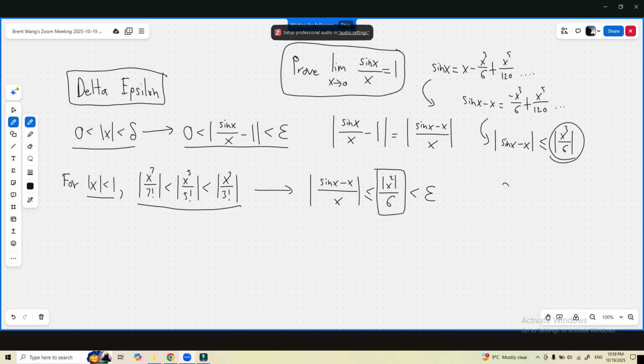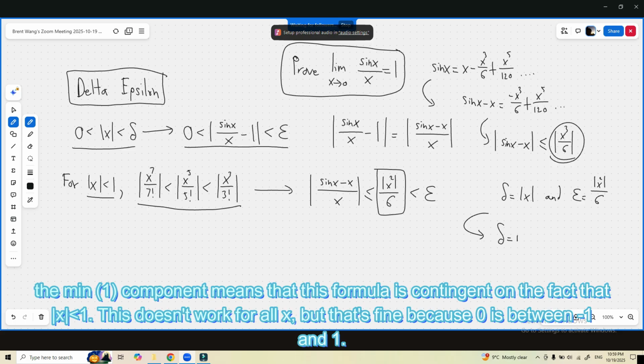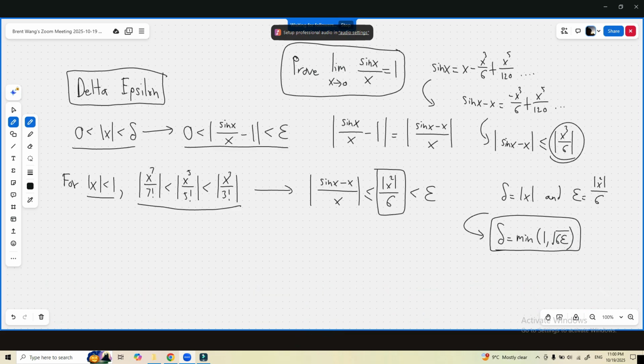So if we took delta to equal absolute x and epsilon to be x squared over 6, then our formula is delta is equal to min of 1 and the square root of 6 epsilon. We've now established an explicit formula for delta and epsilon, but let's show that this is true.